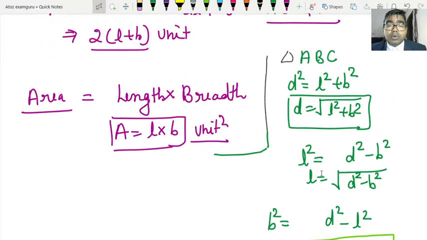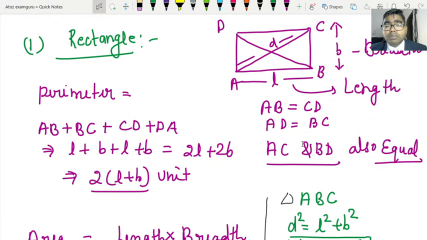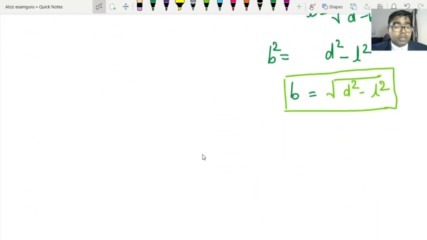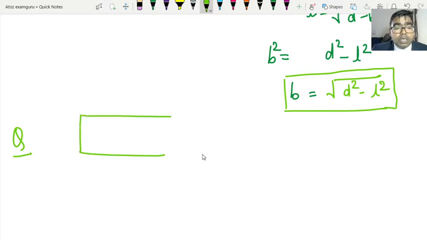So dear friends, I hope this will be clear to you. Let us take a question. Suppose the breadth is given as 3 and the diagonal is given as 5. Then how can you calculate the area and perimeter? First find the length.